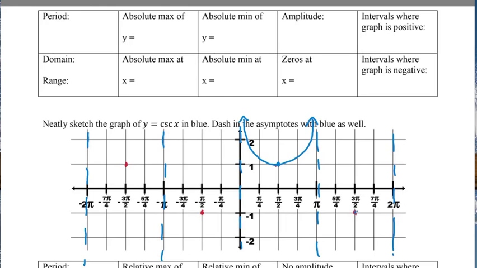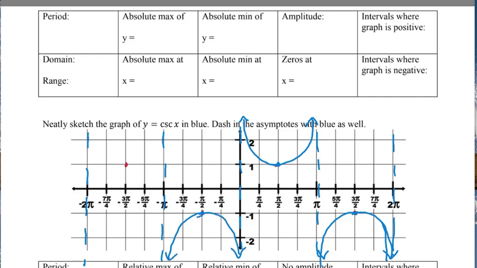So at each one of these points, it looks rounded. It approaches the asymptote, but it does not touch. In this branch, we're at negative 1. And then at this branch, we're at positive 1. So this is what your cosecant graph looks like.